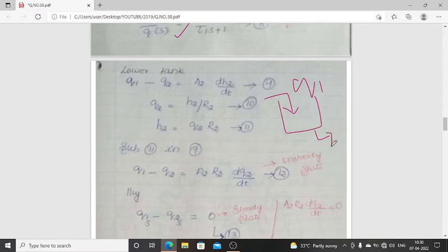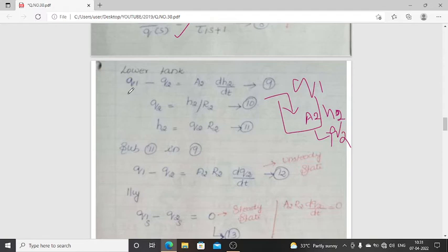H2 is the height and A2 is the area. This is the second tank, the lower tank. Both tanks have the same area, as given in the data: A1 and A2 are the same.